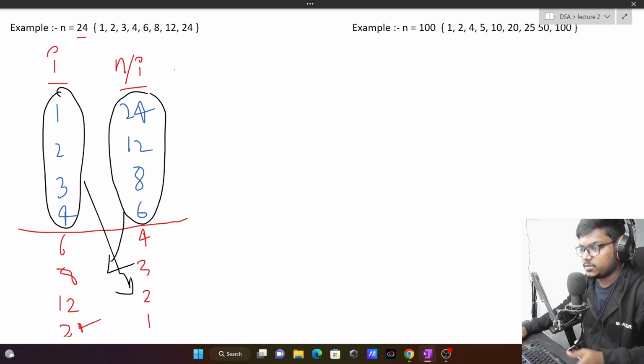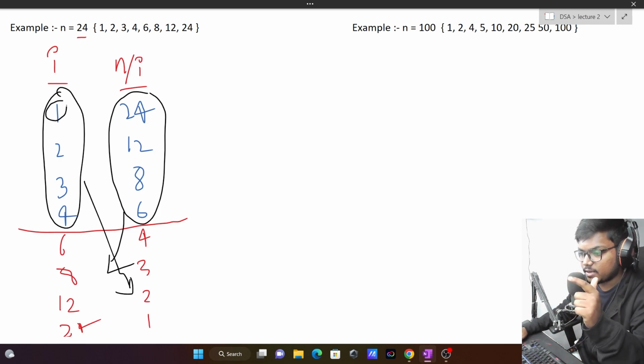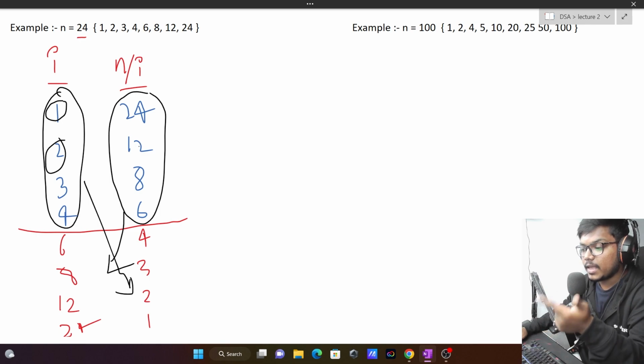Can we reduce the time complexity from here? Yes, we can, because we are doing half of the iterations, right? If I know that 1 is a factor, then I can easily know that n by i is also a factor, right? If I know that 2 is a factor, then I know that 24 by 2, which is 12, is also a factor.